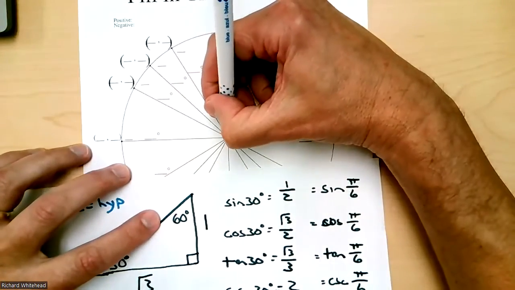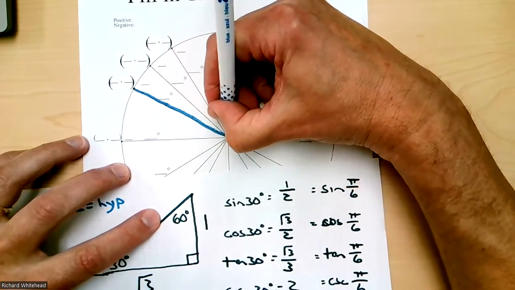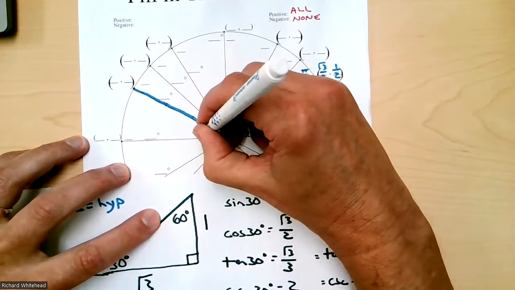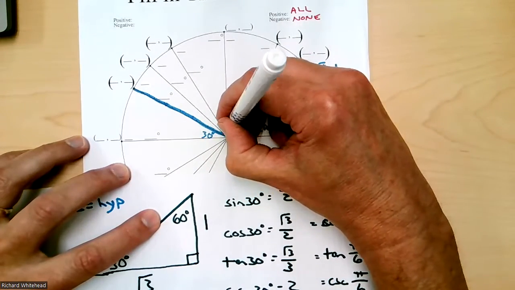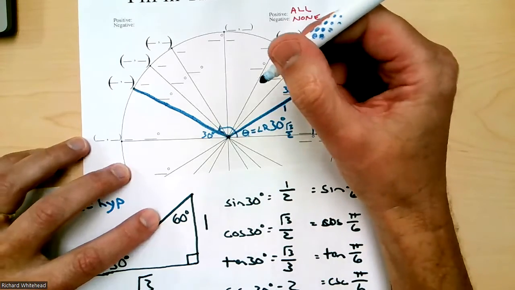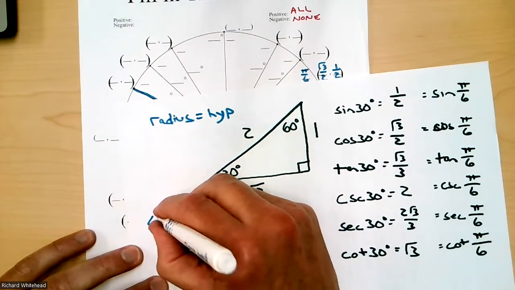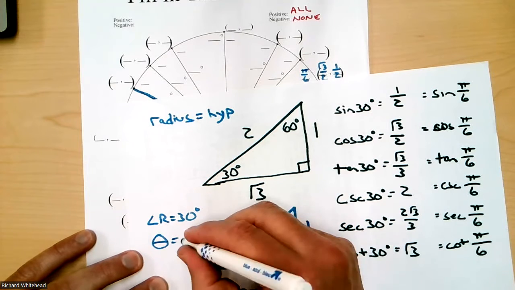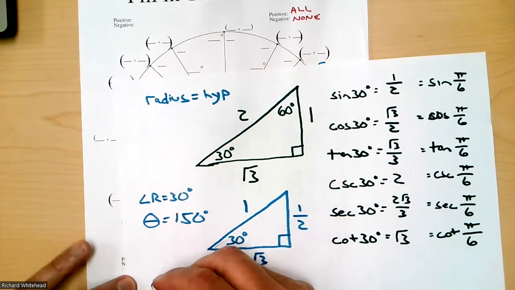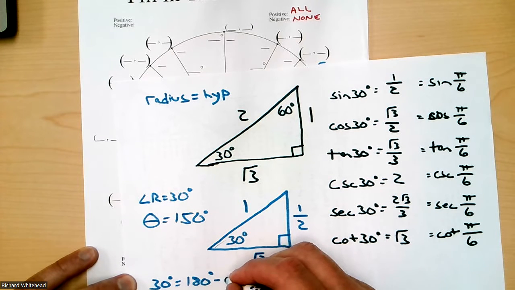Let's go into the second quadrant. Let's make a second quadrant 30-degree reference angle. So if the reference angle is 30 degrees in the second quadrant, my actual angle theta would have had to be 150, because we know that the reference angle is equal to 180 minus theta.